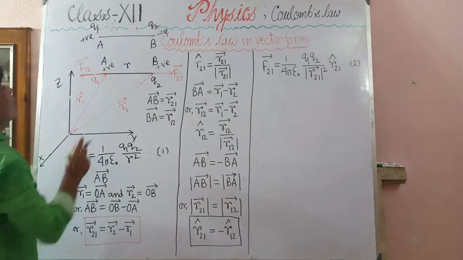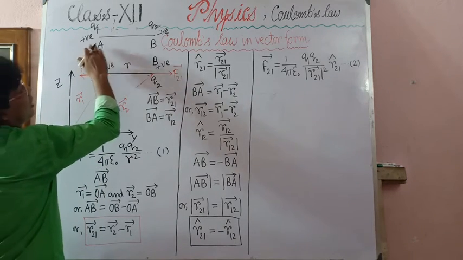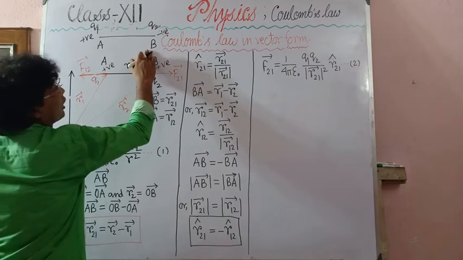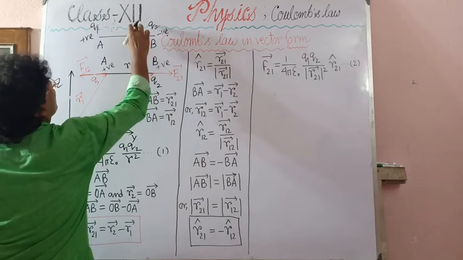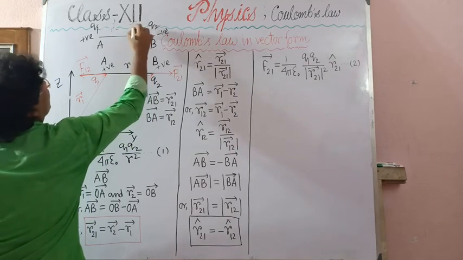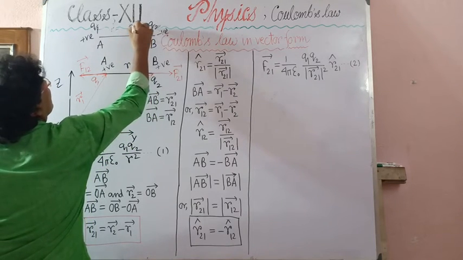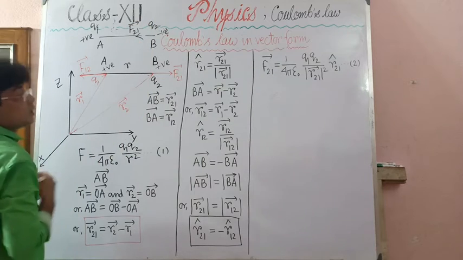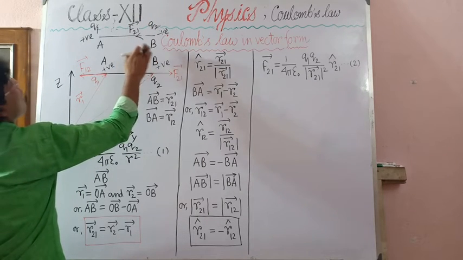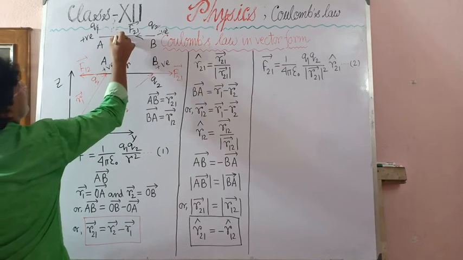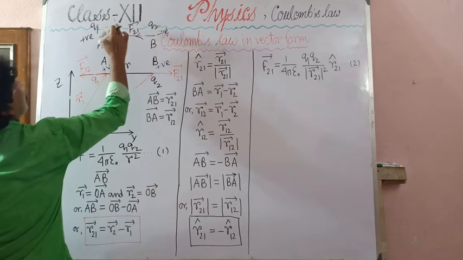So Q1 attracts Q2 along BA, and Q2 attracts Q1 along AB.